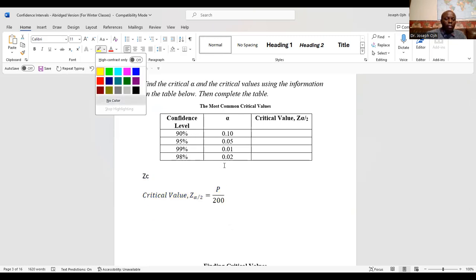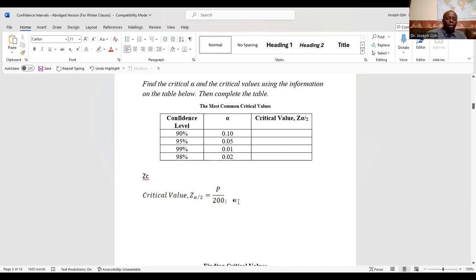Now, let's apply this formula to find the critical value. Look at the first one. It says 90%. P represents the percentage. That means 90 over 200.